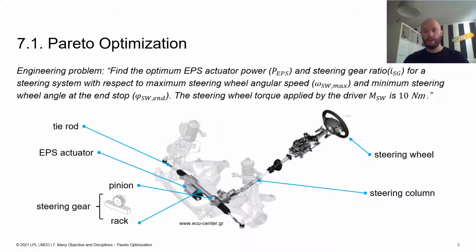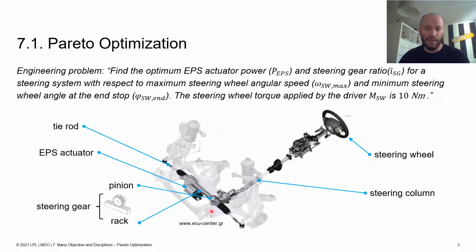It is on Pareto optimization. So at the bottom you see a steering system. The steering system consists of a steering wheel where the driver gives the input to the wheels at the end of the tie rod, and how it works is that the movement goes from the steering wheel through the steering column.